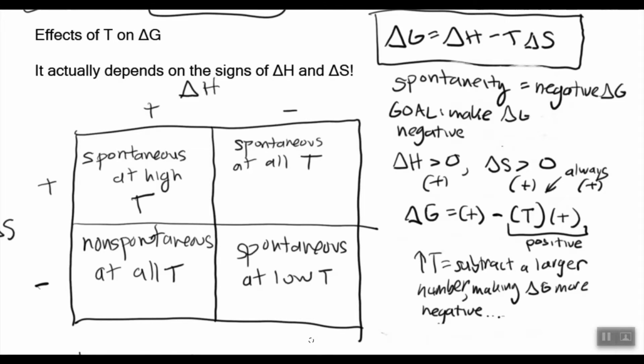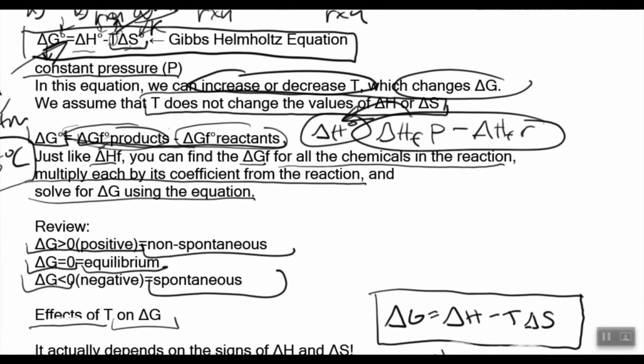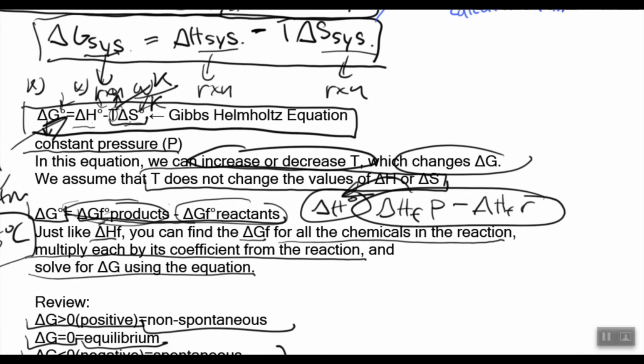So now let's talk about the effects of temperature. Let's talk about the effects of temperature on ΔG. Now, it actually depends on the signs of ΔH and ΔS. So in the example above, I think what I did was I assumed that ΔS was positive, which was why by increasing temperature, ΔG would decrease.